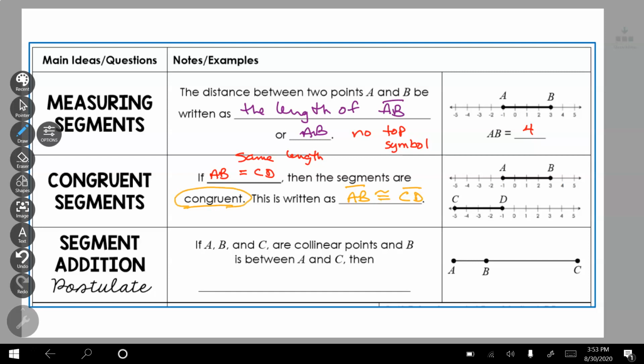It's very special. So segments are congruent while the lengths are equal. So let's talk about how things make sense. Over here I have segment AB, segment BC, and the whole thing is segment AC. So very simple segment addition.